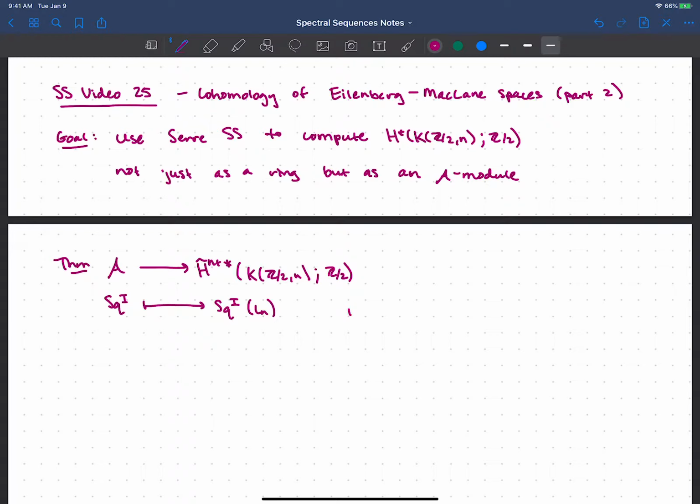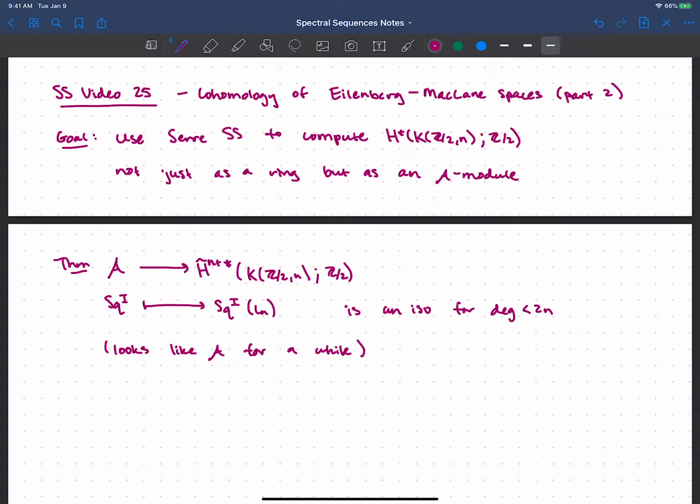And what is the theorem? Well, the theorem is that this is an isomorphism for degrees less than 2n. Okay, so what I think of that as saying is that the cohomology of the Eilenberg-MacLane space looks like the Steenrod algebra for a while.